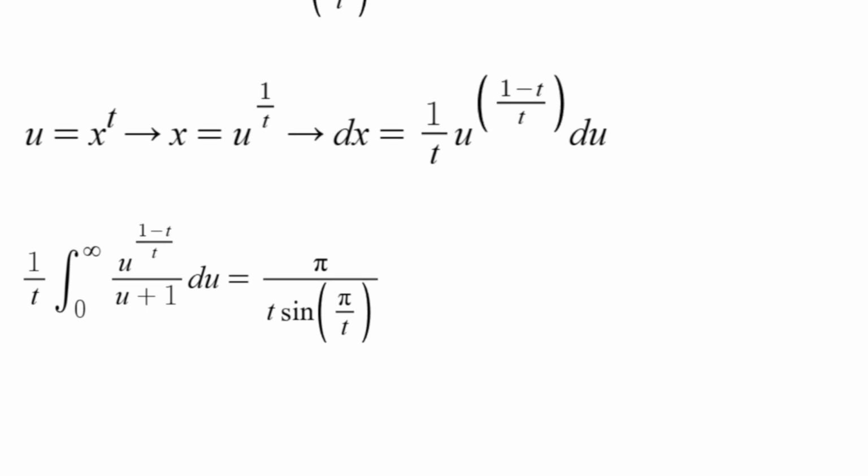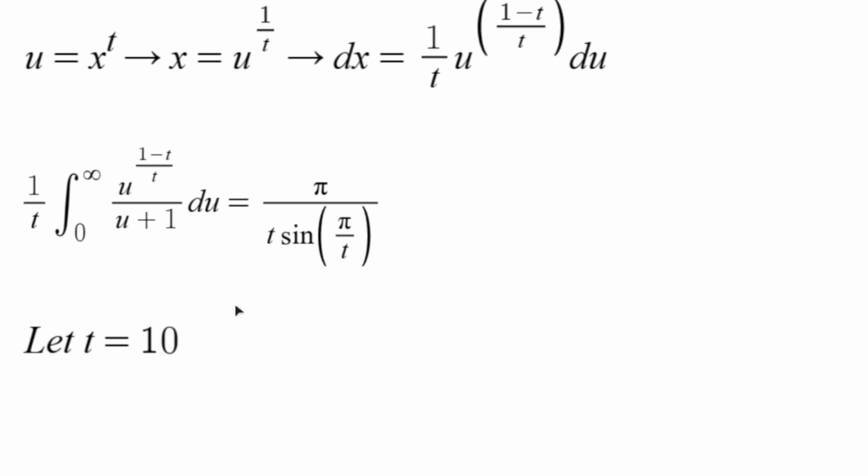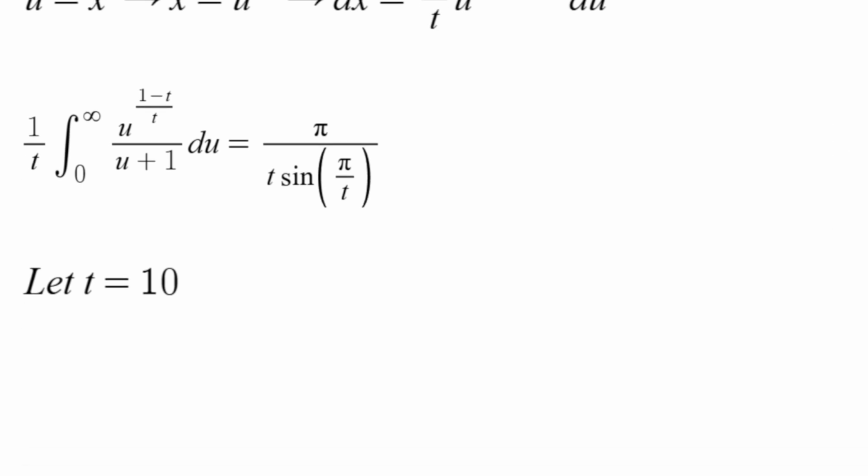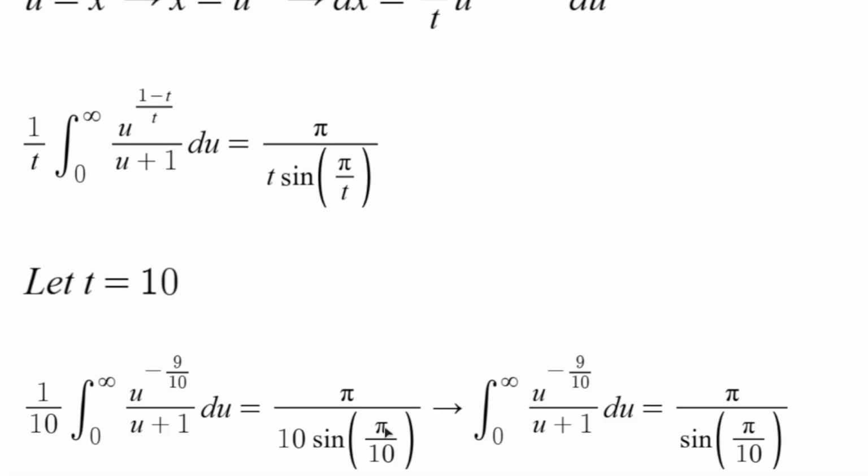All right, so if we let our t equal 10, we end up with the following. You can see I just let t equal 10, so we end up with 1 over 10 times the integral from 0 to infinity of u to the 1 minus 10, which is 9 over 10, so u to the negative 9/10 over u plus 1 du is equal to pi over 10 sine of pi over 10.